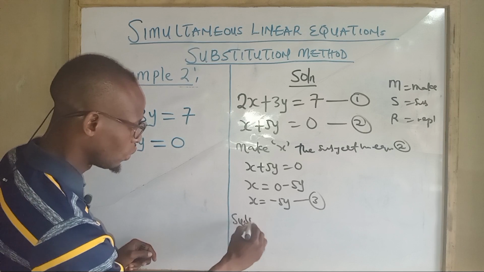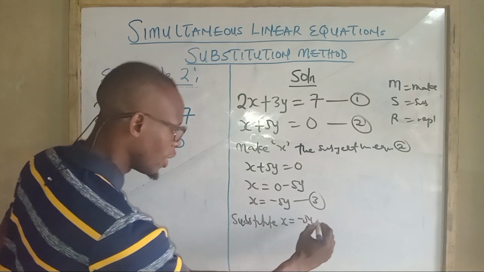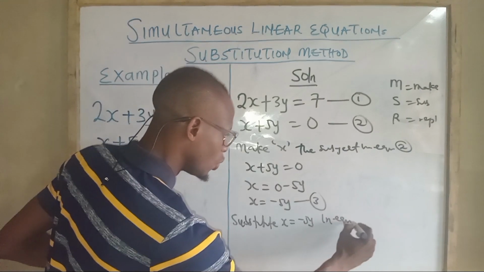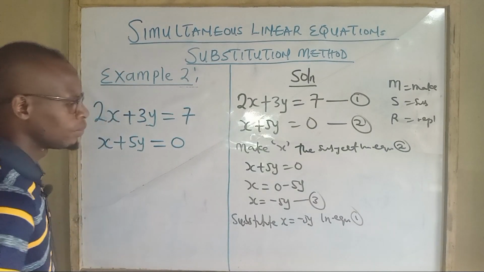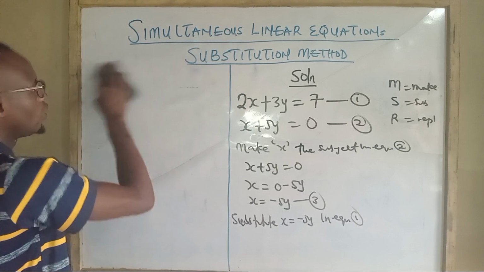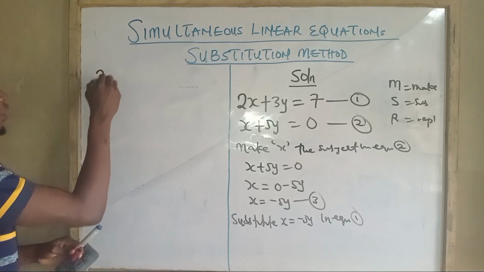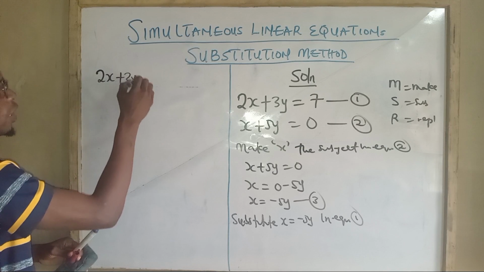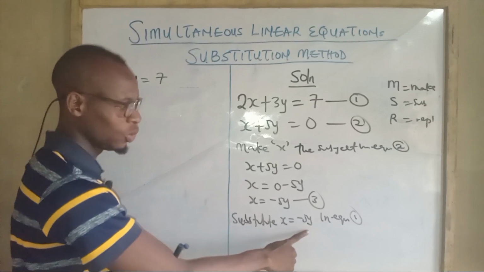So substitute x equals minus 5y in equation 1. Let me rub off this part so that I can have enough space. From equation 1, we have 2x plus 3y equals 7. Anywhere we see x, we put minus 5y.